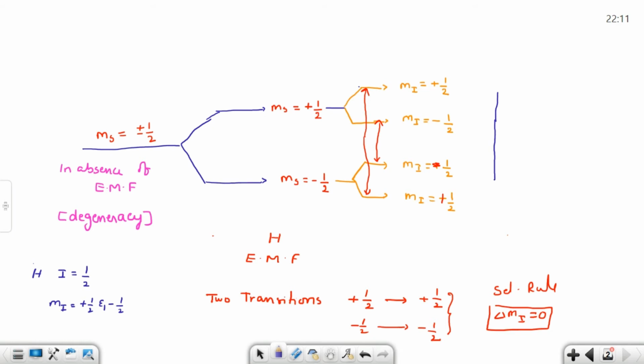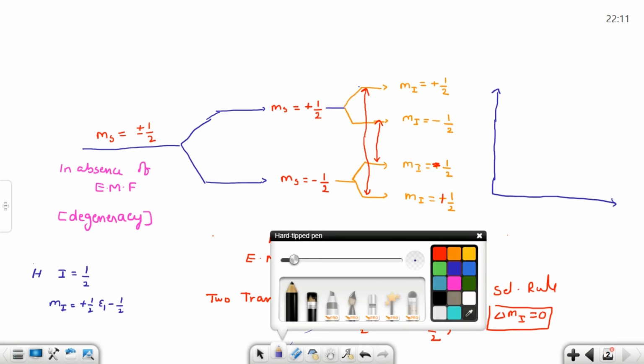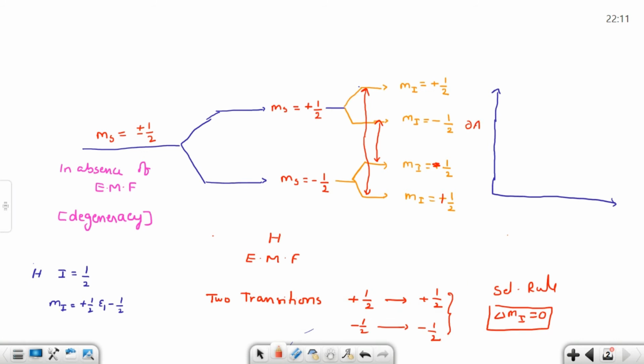The doublet appears like this. On the y-axis we take the first derivative, dA by dH, and on the x-axis we take H. The doublet of the ESR signal is represented like this, and the signal intensity ratio is exactly 1:1.